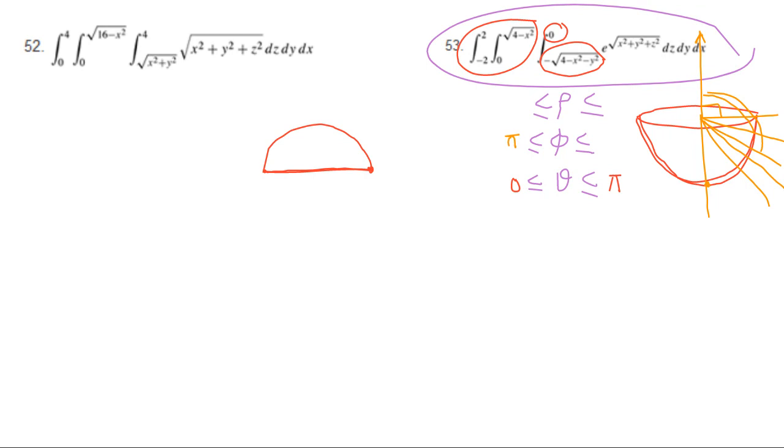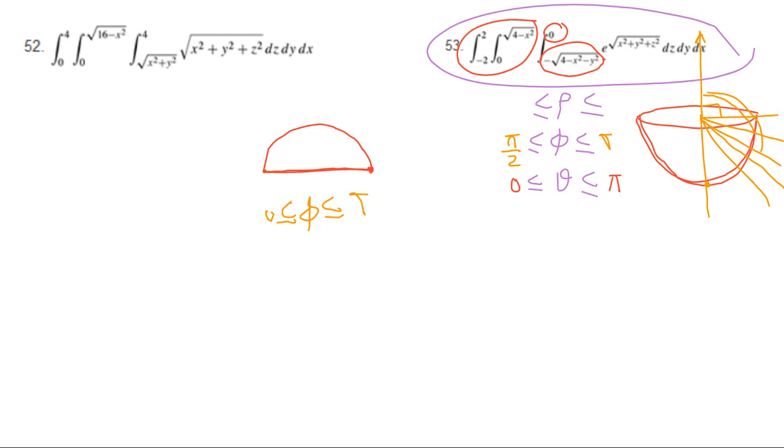So from pi over 2 to pi. There's no minus pi over 2, Fatima. We said phi between 0 and pi. Are we covering the upper hemisphere? The upper hemisphere is from 0 to pi over 2. The lower hemisphere is from pi over 2 to pi. Okay?